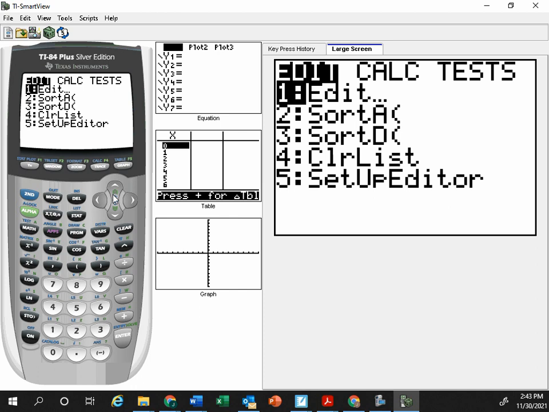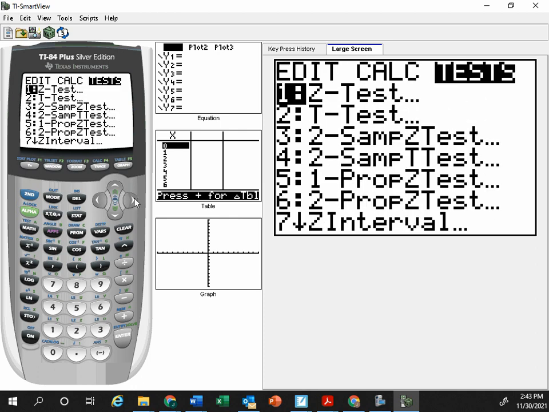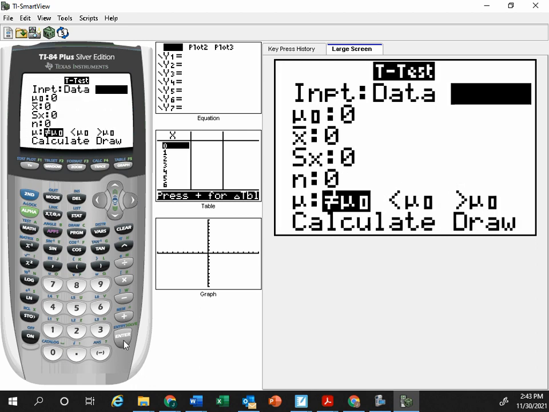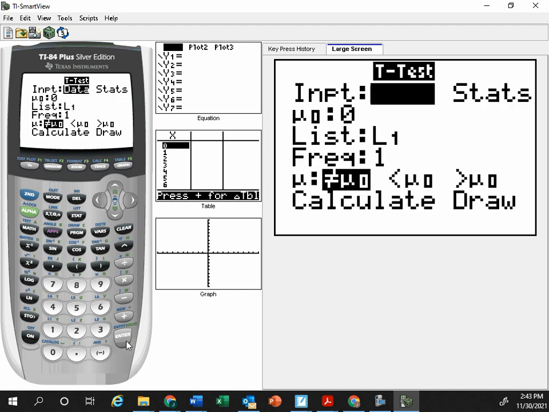All right, guys, so what test do you think I'm picking? T-test, right? We're back to the basics here. Okay. Do I want data or do I want stats this time? Data. We rarely want data, but this time we do. Okay, but you want to make sure you put the right list in.